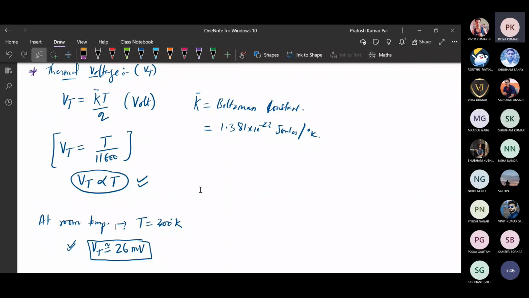Any device, whatever its input and output characteristics are, will be defined by a temperature variation. That temperature variation will be represented in terms of thermal voltage. So that relation is basically represented by the Vt term.